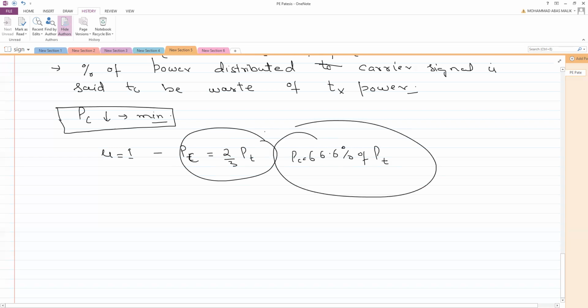Huge power is wasted. So this is one of the major drawbacks of double sideband full carrier, which is wastage of power.